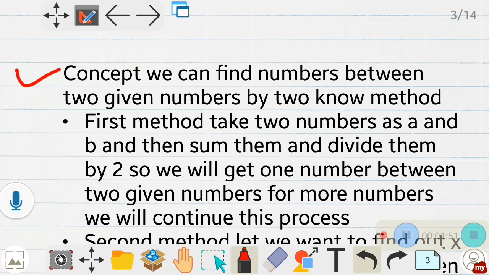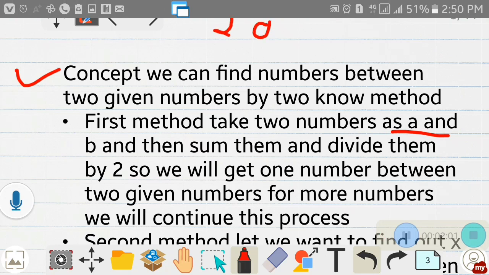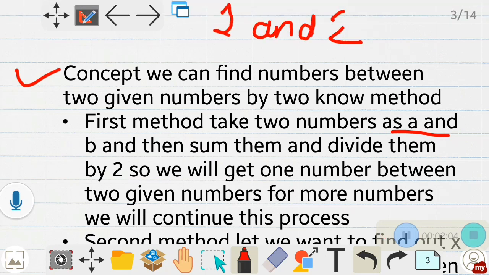So first we will discuss the concept, how we find a rational number. There are two methods given. The first method: let's suppose we are given 1 and 2 as the numbers, and we want to find a rational number between them.